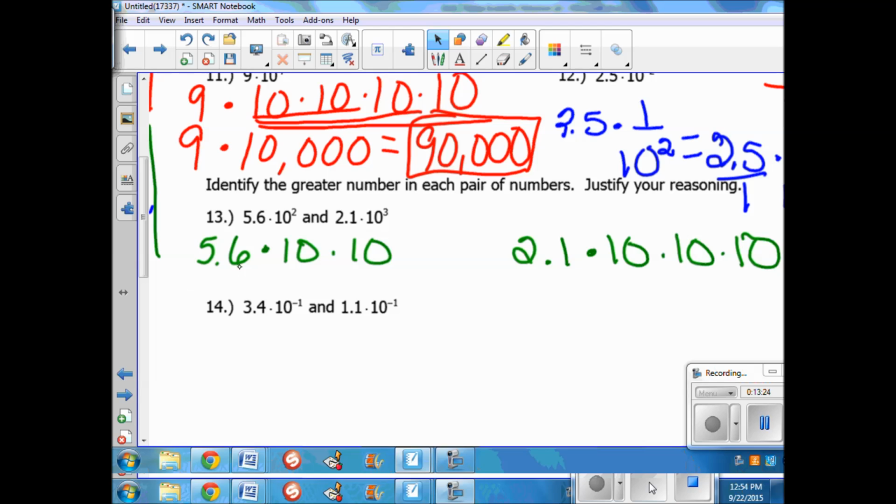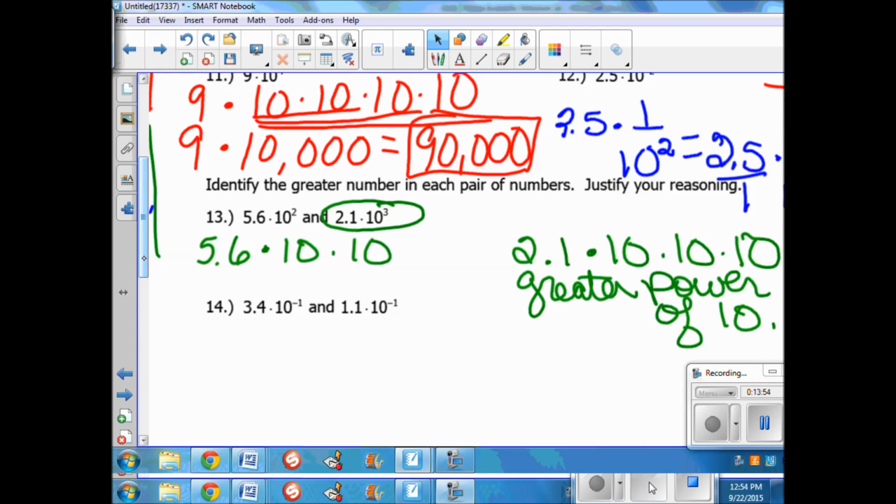So this is 5.6 times 100, okay? We've got 10 to the second. And this 2.1, we've got times 100 times 1,000, okay? So we've got a greater power of 10, okay? So this one is our larger one, and what's our reasoning? Because we have a greater power of 10.